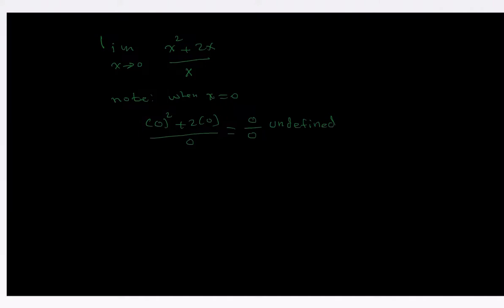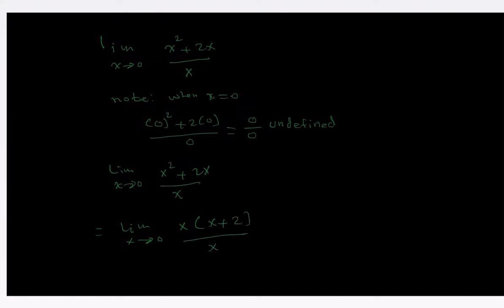However, observe the limit as x approaches 0 of x squared plus 2x. When we factor it, we get the limit as x approaches 0 of x plus 2 divided by x.